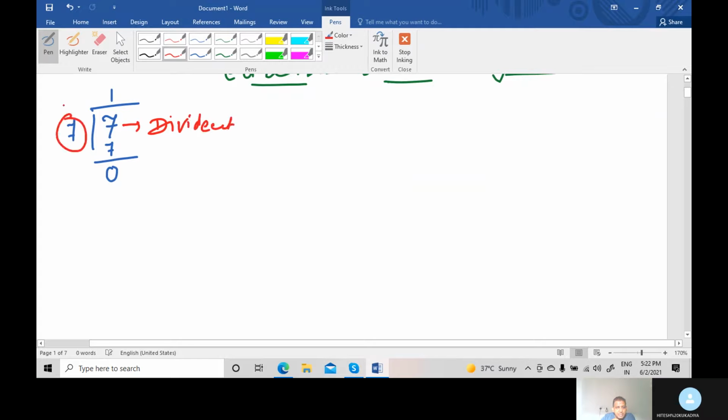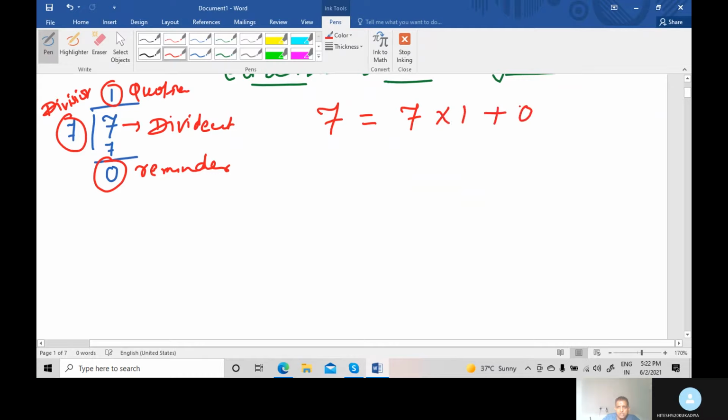Here it is called divisor. And this one is called quotient. And the last one is called remainder. Is that clear?